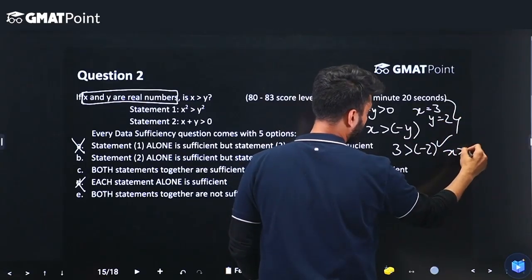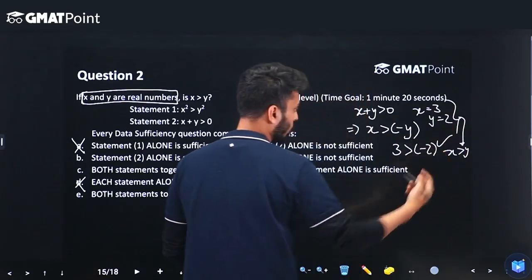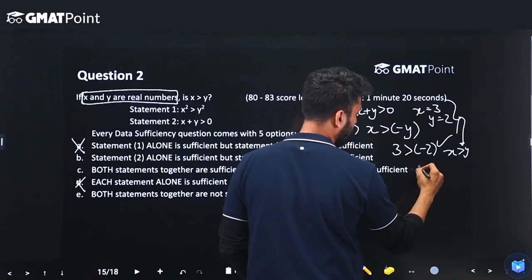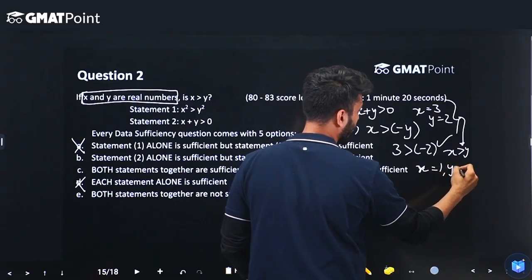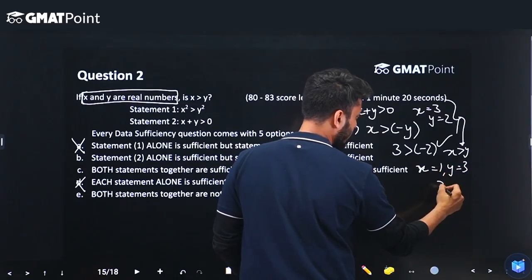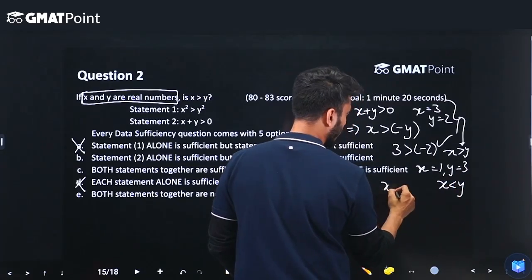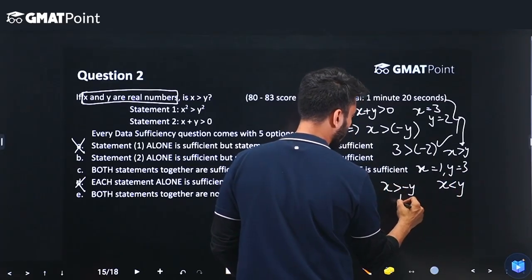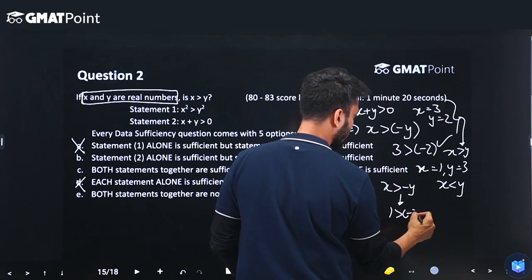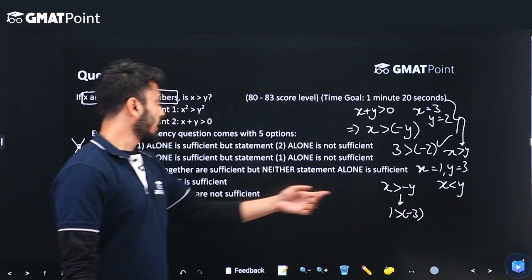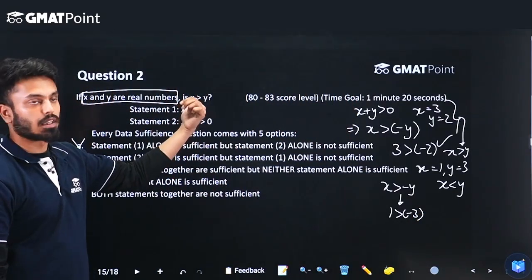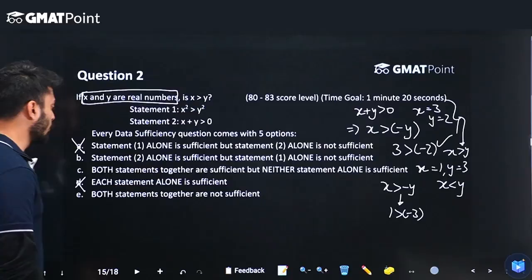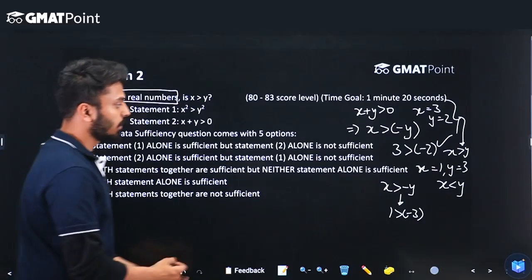But a counter example to this could be if you had x equals 1 and y equals 3. In this case, x is less than y, but x is still greater than minus y because 1 is greater than minus 3. So again, I cannot conclusively tell if x is greater than y simply going by statement 2. So option B is also rejected.